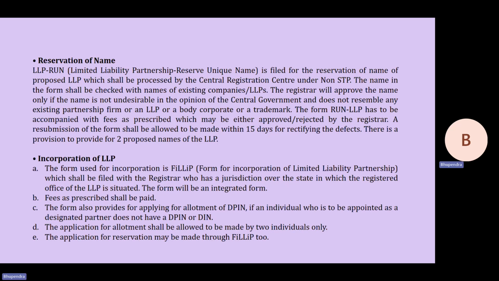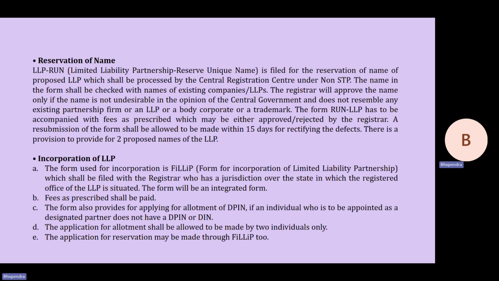Now moving further, for the incorporation of the LLP, the form used is FiLLiP, Form for Incorporation of Limited Liability Partnership, which shall be filed with the registrar who has jurisdiction over the state in which the registered office of the LLP is located. The form is an integrated form: in whichever state the LLP has to be registered, it has to be filed with that registrar.